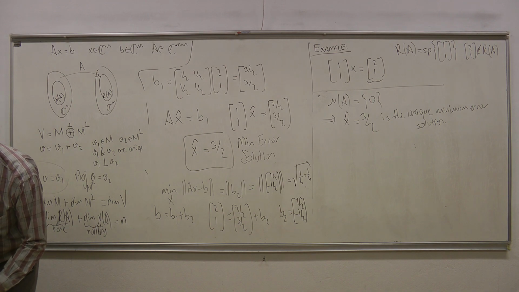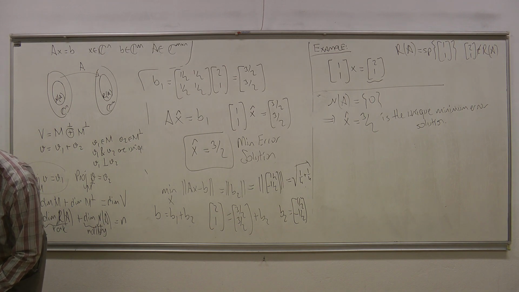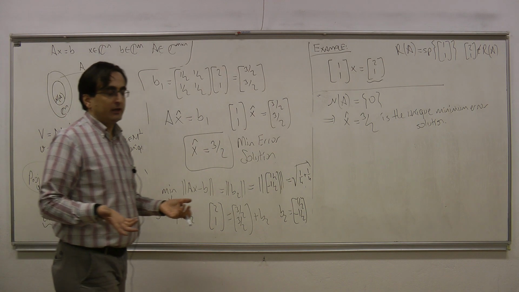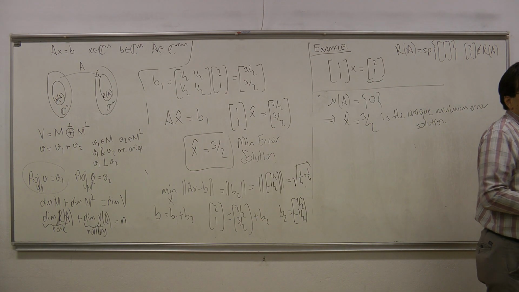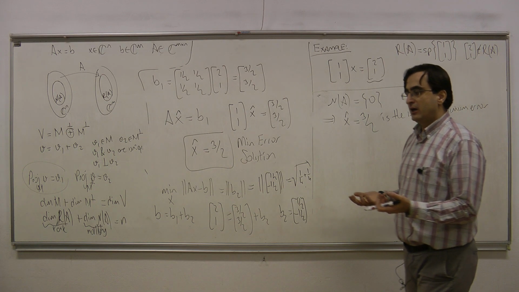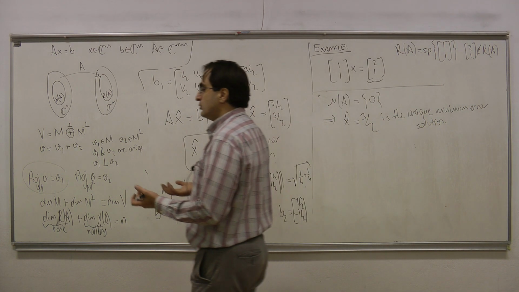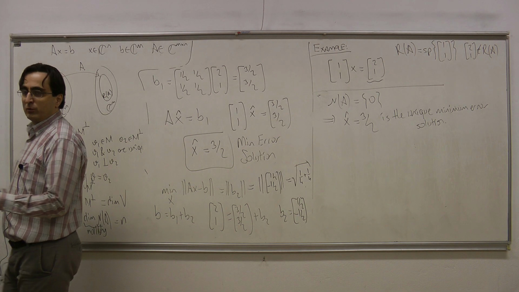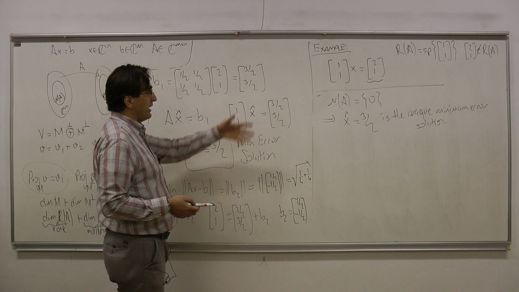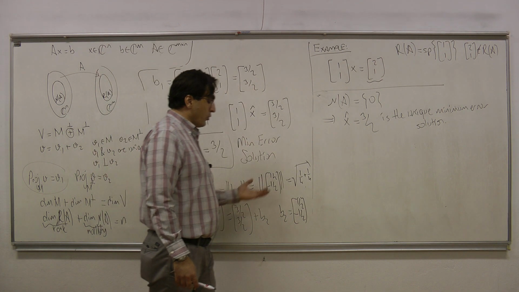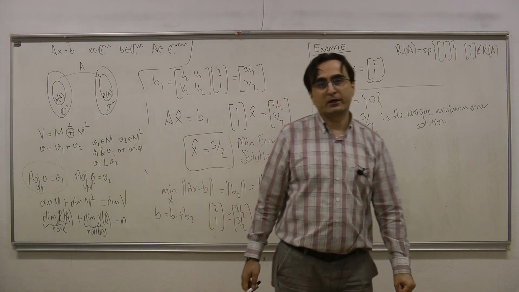So that completes our theory. When we have an equation Ax equals to B, which doesn't have an exact solution, we might go for an approximate solution. An approximate solution means the solution which minimizes a form of error. In this case, we have defined our error as the L2 norm of Ax minus B. Okay?